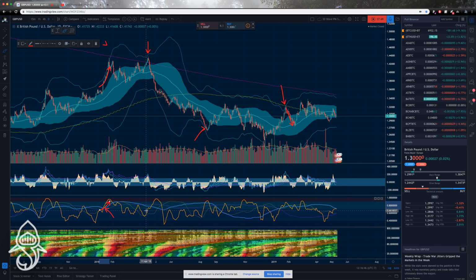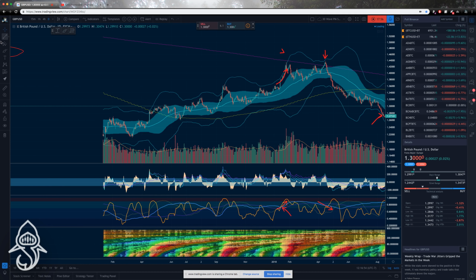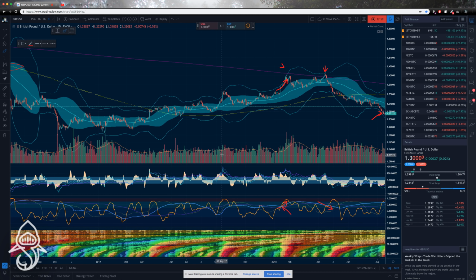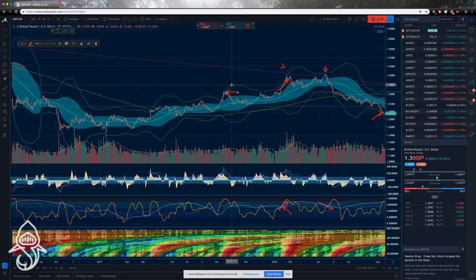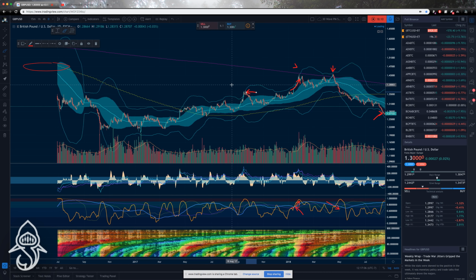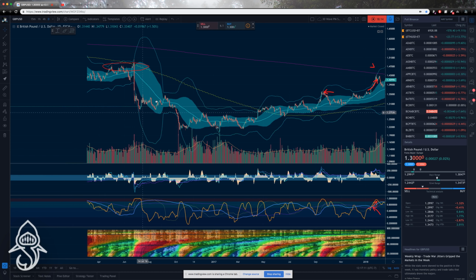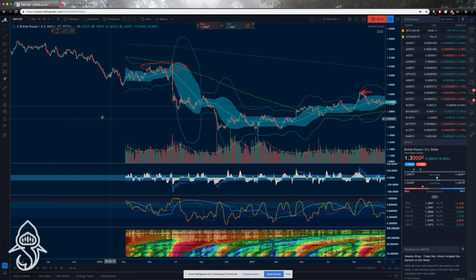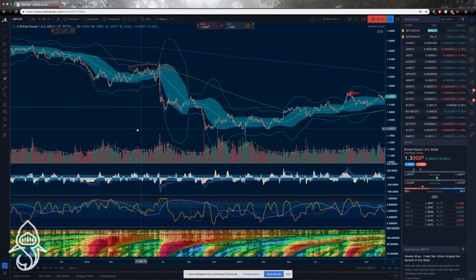But if you have choppy readings, compression occurring like so, then it becomes okay to take those. And for the sake of sanity, I do recommend a red candle close inside the 3.2 standard deviation instead of just selling when it tags it, because otherwise you're going to get stopped out, right? But as far as actual brick walls go, this one's pretty effective.